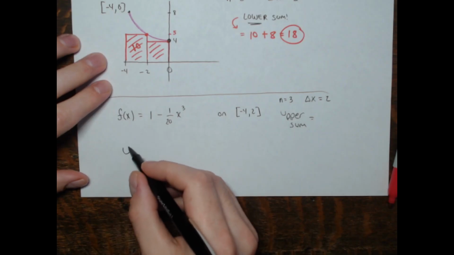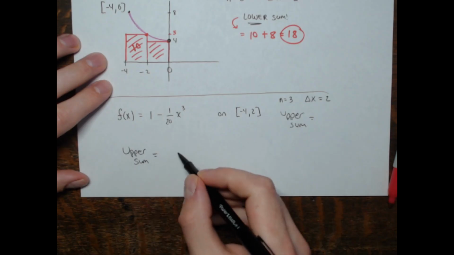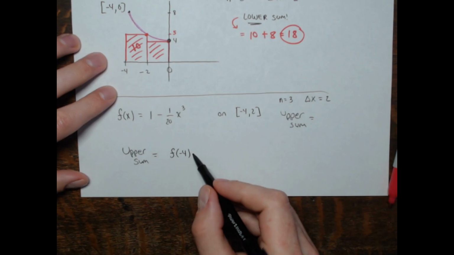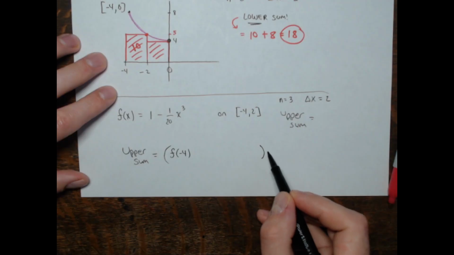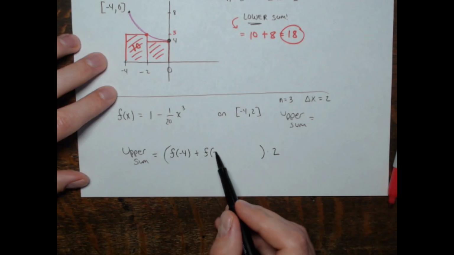So the upper sum, I know I wrote it over there, will be equal to the value of f at -4, and this will all be times 2, so let's pull the 2 out. Times 2, plus the value of f at -2.